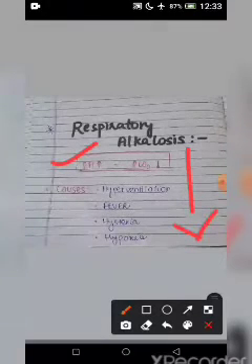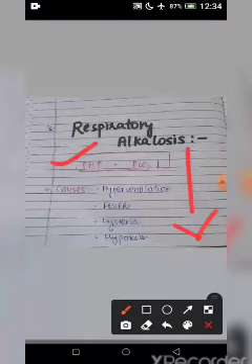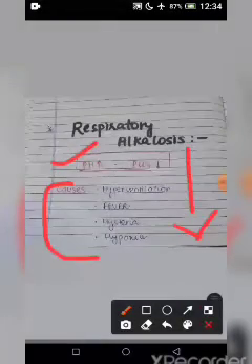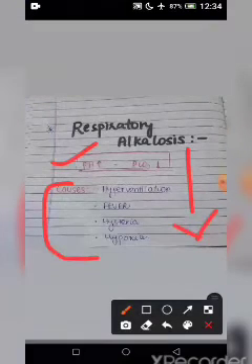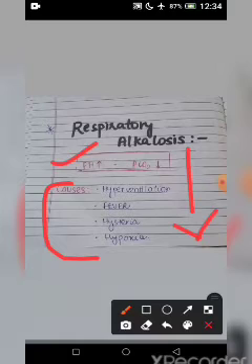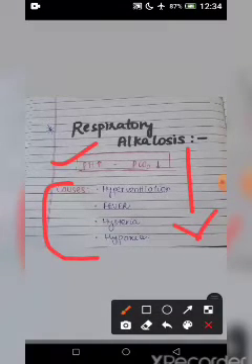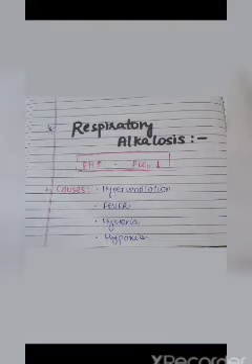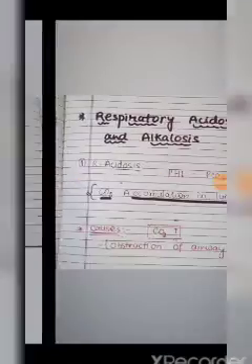So in case of respiratory acidosis, CO2 levels are increased, and in case of respiratory alkalosis, carbon dioxide levels will be decreased. It may be due to hyperventilation, which we can see practically. So this is all about respiratory acidosis and alkalosis.